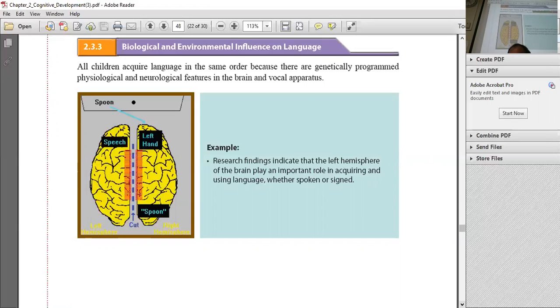As I said, there is a branch of psychology called neuropsychology. When they connect cables to the brain, they must have seen that when someone reads, speaks, uses language or learns language, there is more movement in this part of the brain as compared to that part. So that's why they might have called it left hemisphere activity.